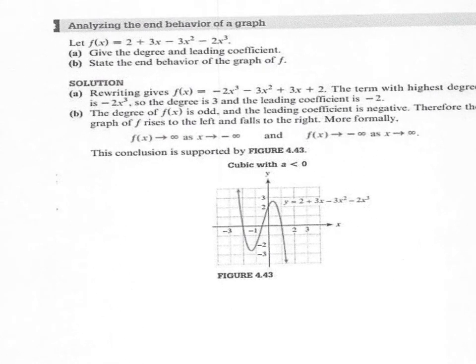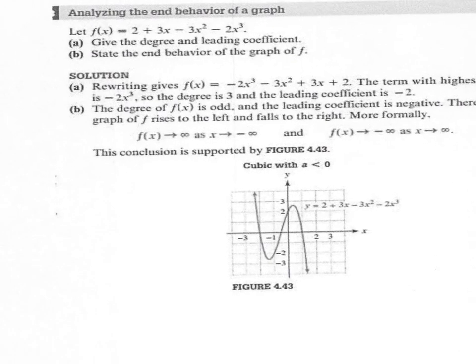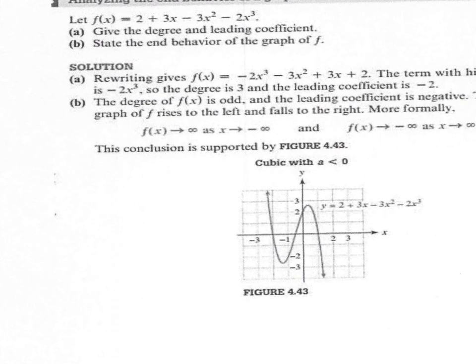Alright, example number 3 I think is the most important example because we're going to talk about end behavior of a function, and notation is a little bit tricky here. If you look at this function, first thing you should notice is that this is not written in standard form. What do I mean by standard form?